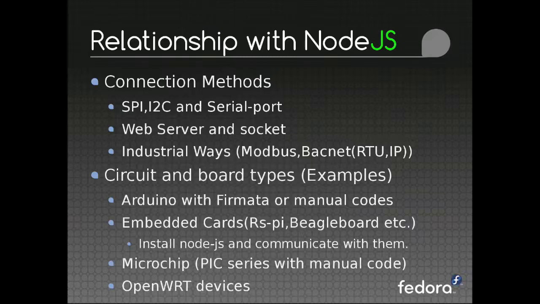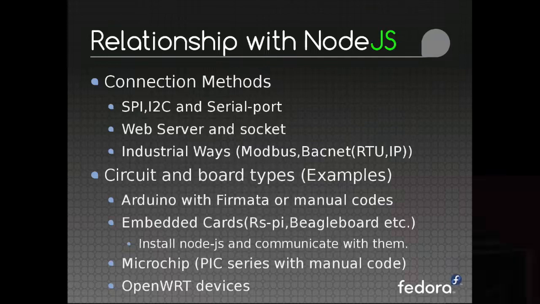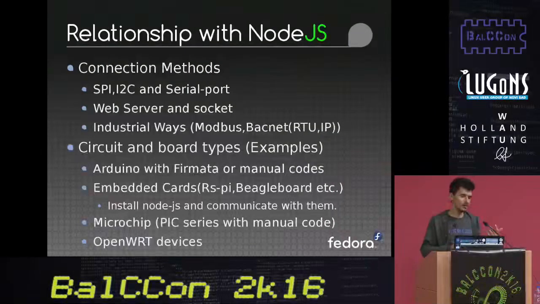If you want to connect basic hardware like Arduino, Raspberry Pi, BeagleBone, your quadrocopter, or something unique you made, these are the general ways to control it: SPI, I2C, and serial port.